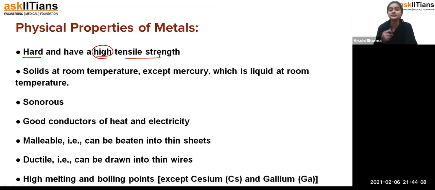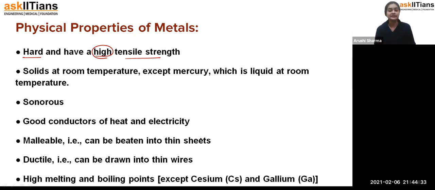That's why we use these metals in the construction of bridges, so that they are not destroyed by applying a physical force, or by the rainfall. That is why metals are used at places where we need some hardness, students, because of their high tensile strength.